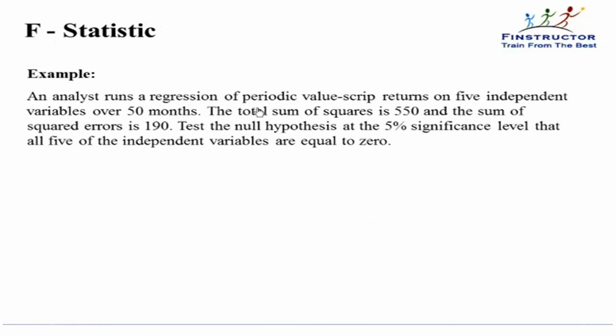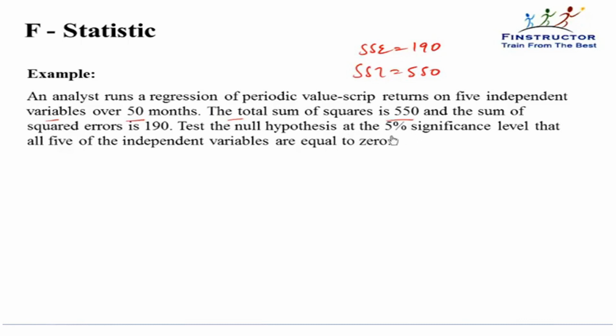So an analyst runs a regression of periodic value script returns on 5 independent variables over 50 months. The total sum of squares is 550. That is, SST is given to be 550. The sum of squared errors, that is SSE, is given to be 190.